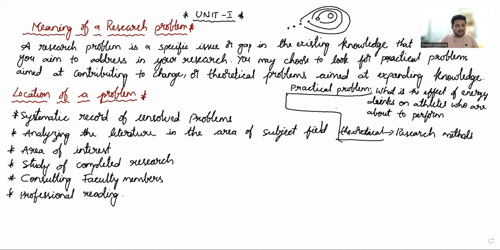That's not going to work. You need to find the problem in a systematic way from the existing knowledge. Now, second is analyzing the literature in the area of the subject. So you need to understand that literature is nothing but the existing knowledge. You should not confuse it; it is the existing knowledge.